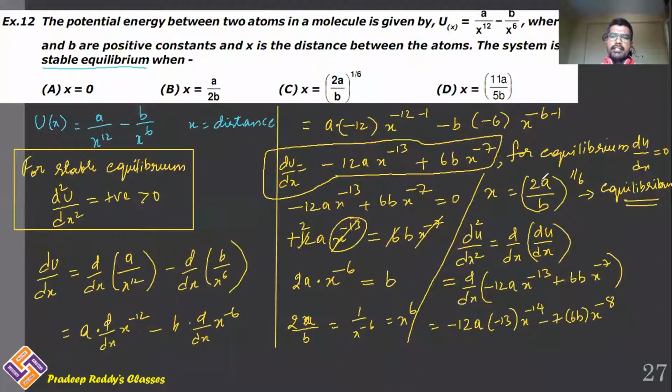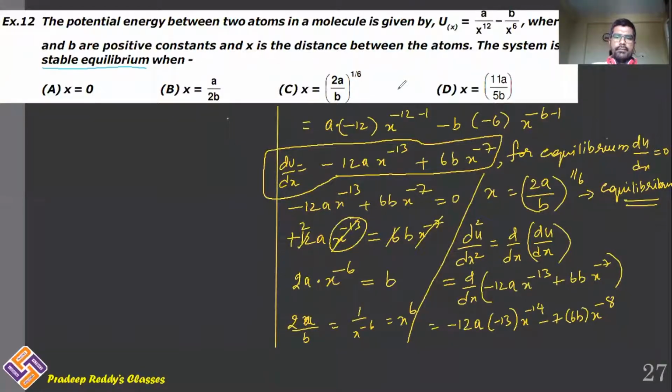You can now take x is equal to 2a by b whole power 1 by 6 and substitute that in this expression, so that you can find out whether it is positive or negative. We have got d square u by dx square is equal to, minus of minus will become plus, 12 into 13 into a x power minus 14, minus 7 into 6b into x power minus 8. But what is x?